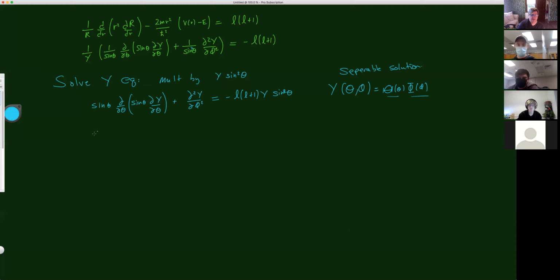So let's see what happens. We're going to put sine theta, and because these are theta derivatives, the phi function can just come right out. I get the ordinary derivative of sine theta dy d theta, plus now the theta function comes out of this derivative, and I get the ordinary second derivative of the phi function with respect to phi.